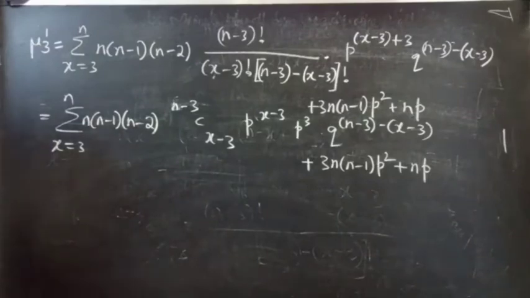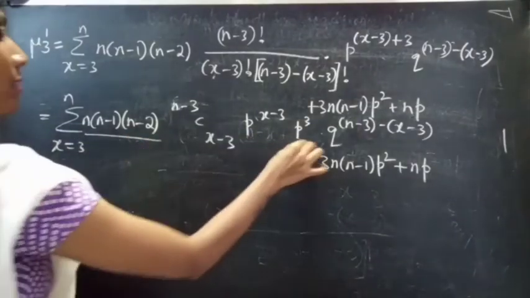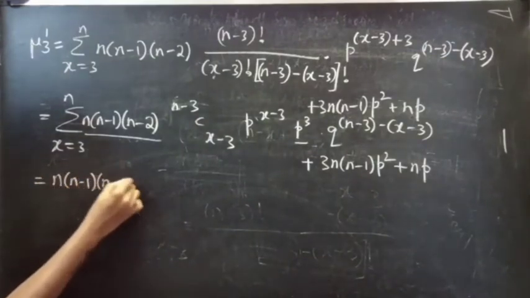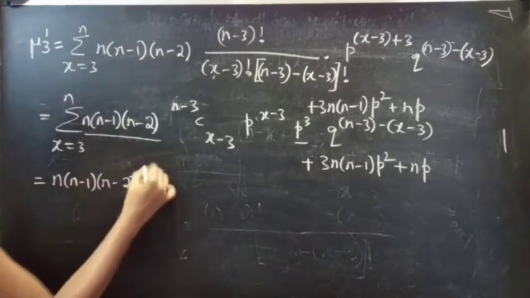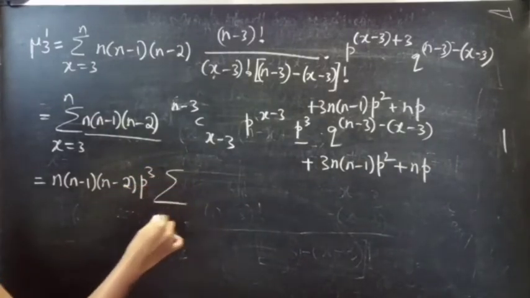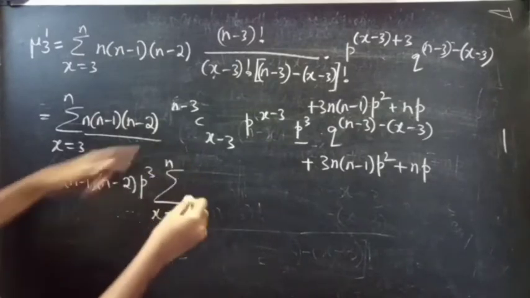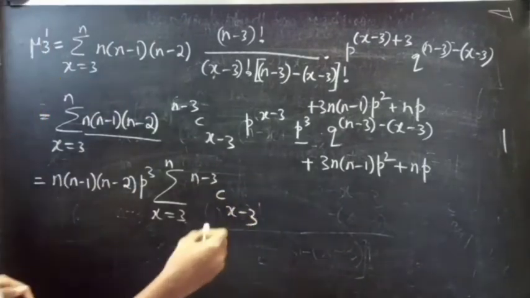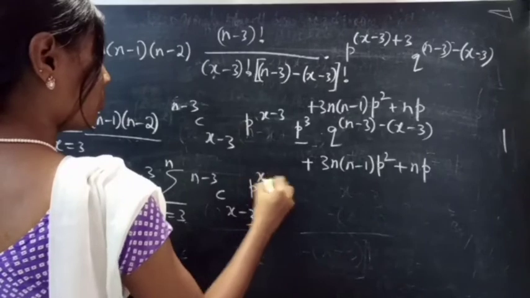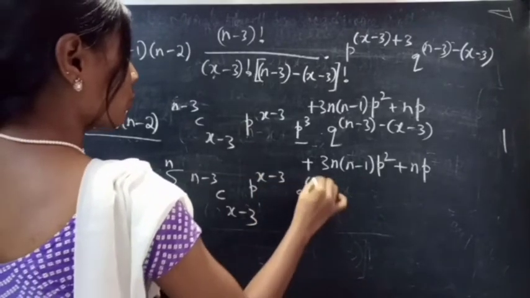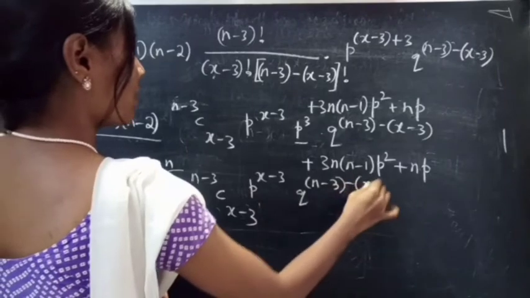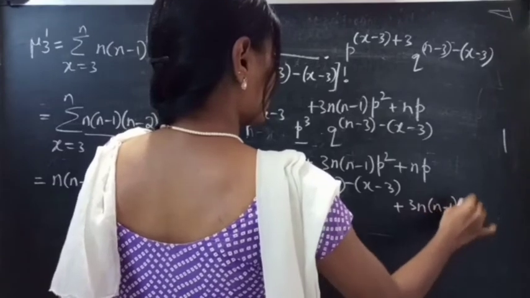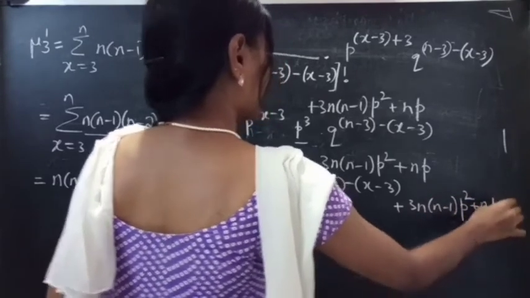Okay, now we'll take this and this outside the summation. N into n minus 1 into n minus 2 into p cube, the summation x equals to 3 to n. Write the remaining part. n minus 3 c x minus 3 into p power x minus 3 into q power n minus 3 minus of x minus 3 plus 3n into n minus 1 into p square plus np.